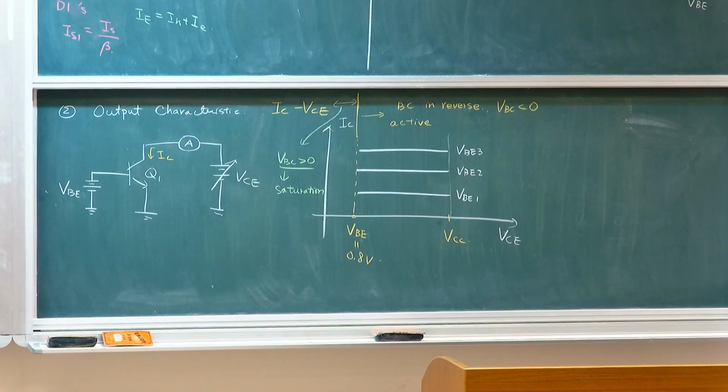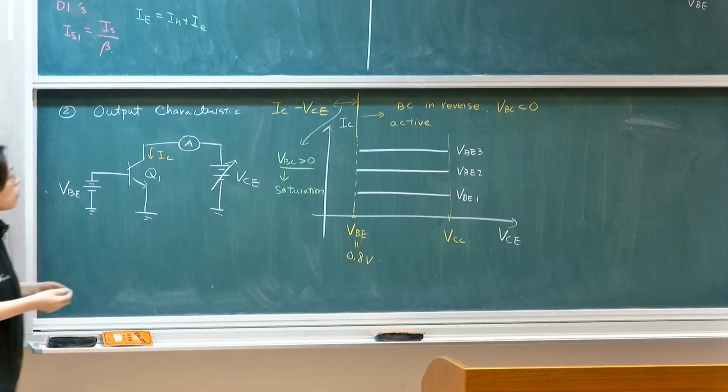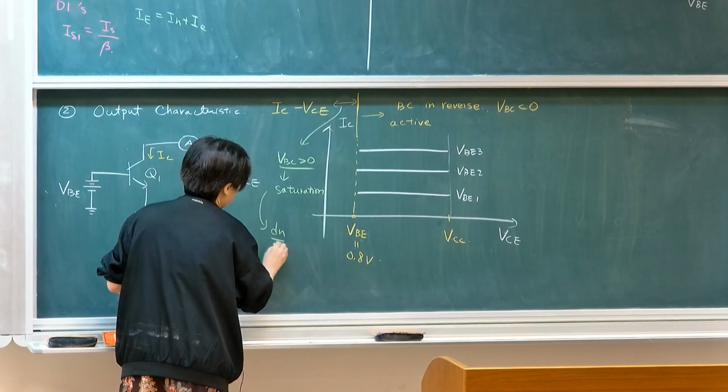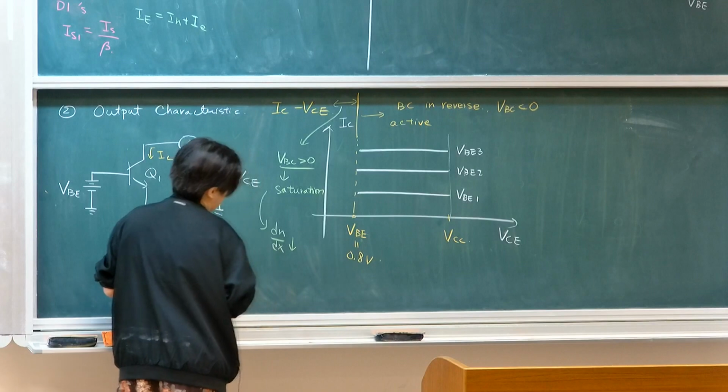So what if the other guy on the other side starts pumping perfume? That is the reason why it's called saturation, because your minority carriers will saturate the base. Saturating the base means that it will decrease your profile, decrease your dn/dx.